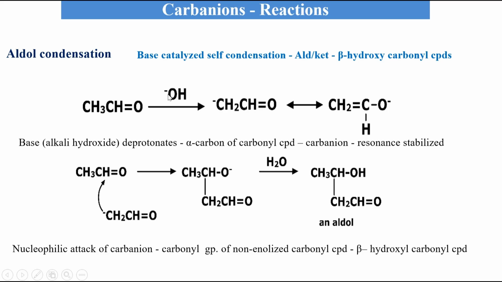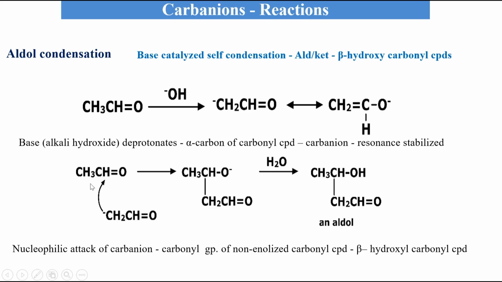If I treat it with a base like OH minus, this carbon is acidic enough to lose the proton and the base is basic enough to abstract the proton. It abstracts the proton from the alpha carbon. Once the proton is abstracted, the excess electrons are left on the carbon, giving rise to a carbanion. And this carbanion is stabilized by the adjacent carbonyl group.